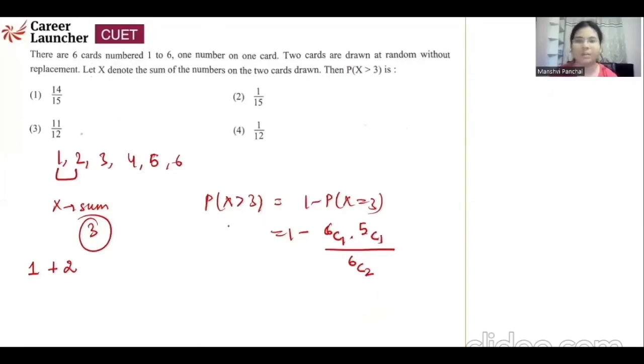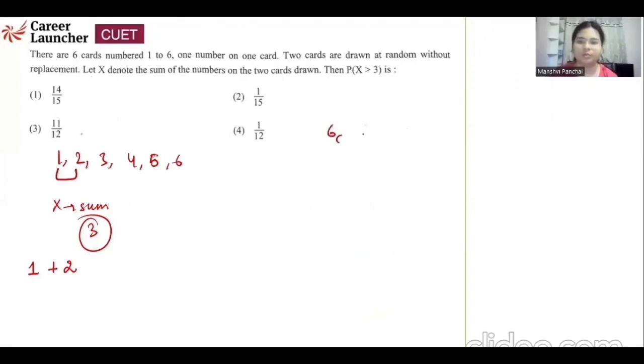So from all the sums, we are subtracting the probability for both of them, which we are finding. 6 into 5 upon 2 is 15, right? So 1 minus 6 into 5 is 30 by 15.